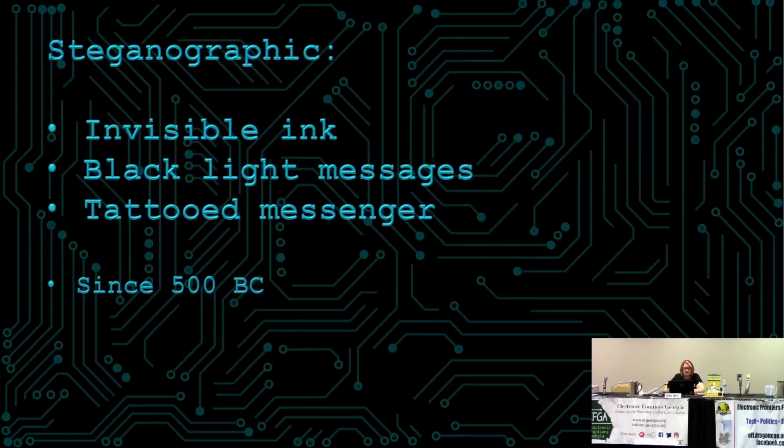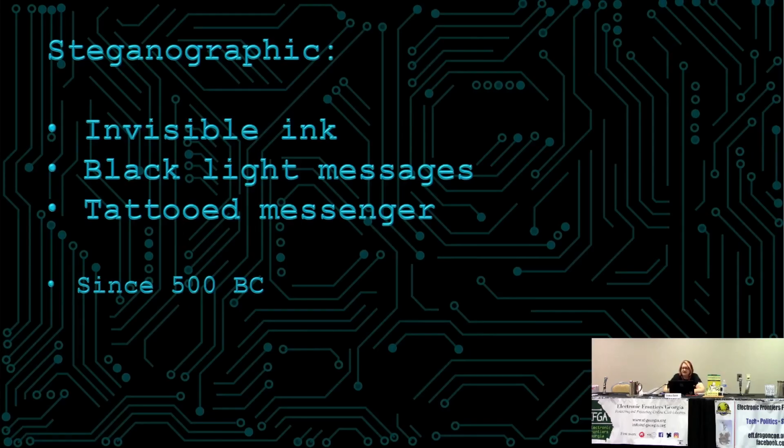Then there is a form called steganographic. This is a way of sending a message where it's not entirely clear that there is a message. For example, in 500 BC, they needed to get a message across enemy lines during a war.